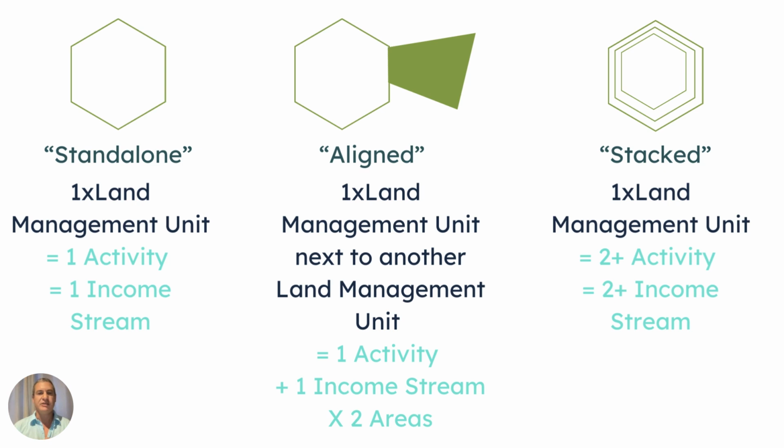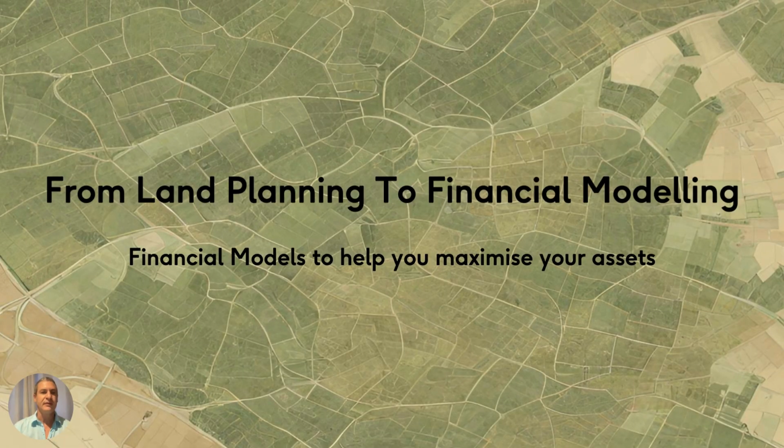The other opportunity is stacked, which is where you might actually have the same land management unit. So we've got our dam and we've got our woodland, but we go and put a native animal or a native bird unit across both of those. That would be a stacked transaction because the same land management unit now has two activities and two income streams associated with it.